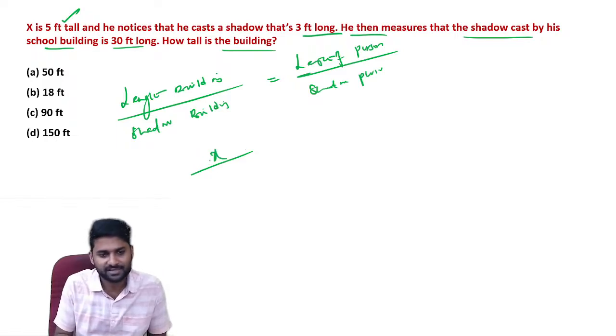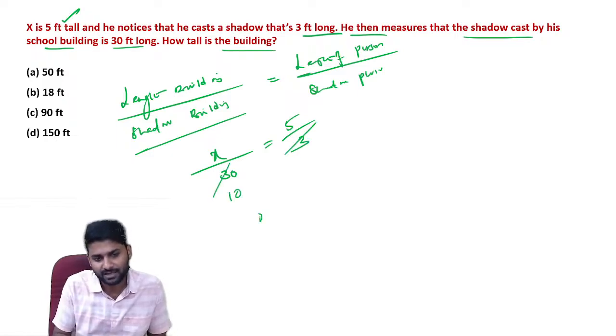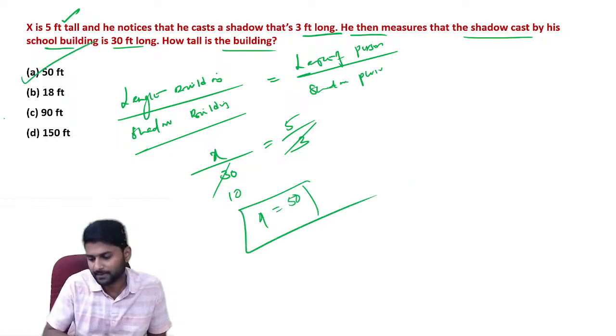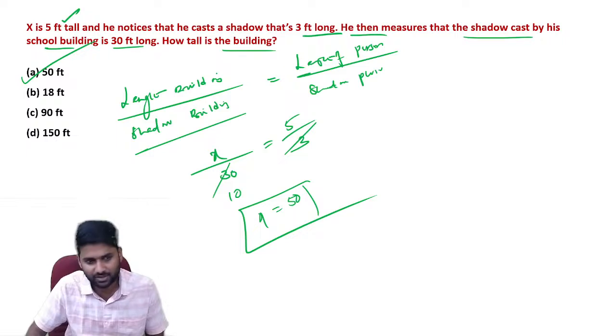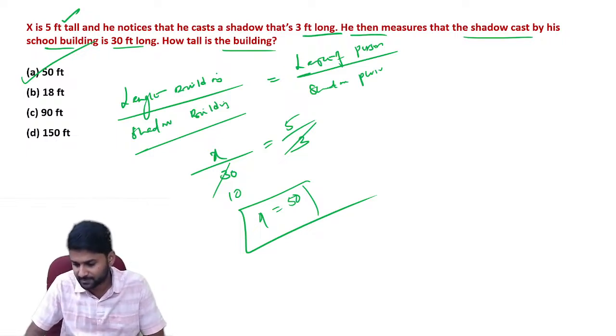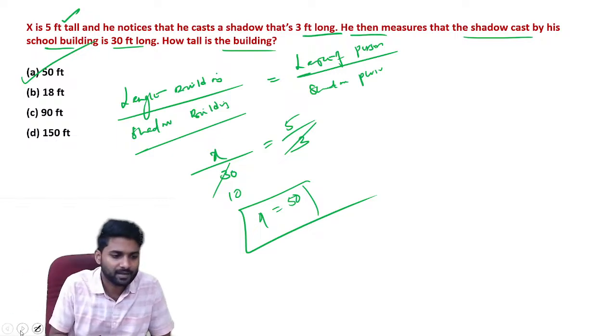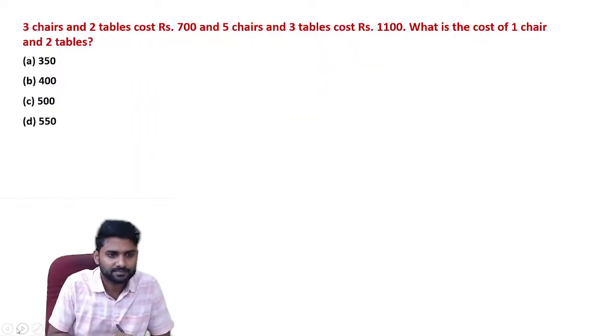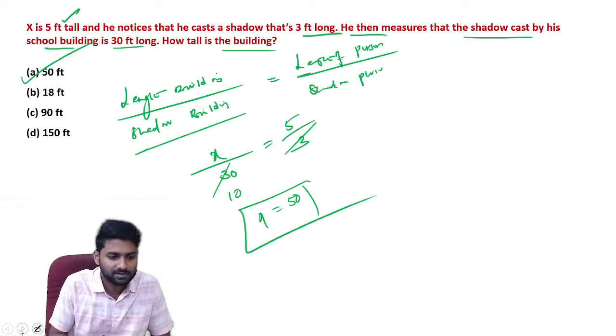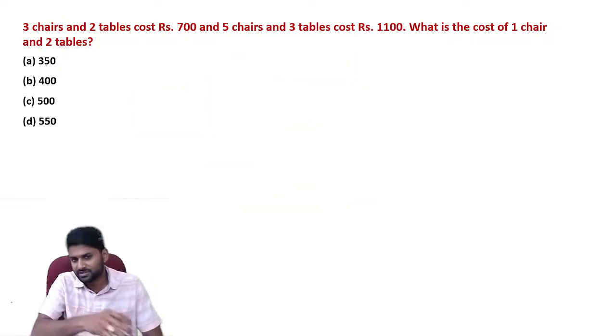Length of the building is x and shadow of the building is given as 30. And length of the person is 5 feet and the shadow of that person is 3 feet. If you go through the further calculation, then the length of the building is 50 feet. It's a simple comparison. Length of that building is 50 feet. Next. So let's see this question from simple equations.